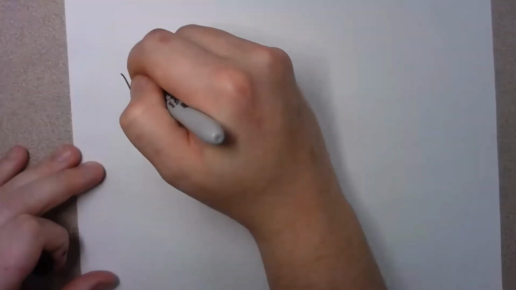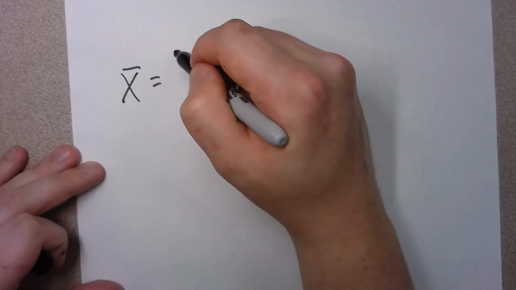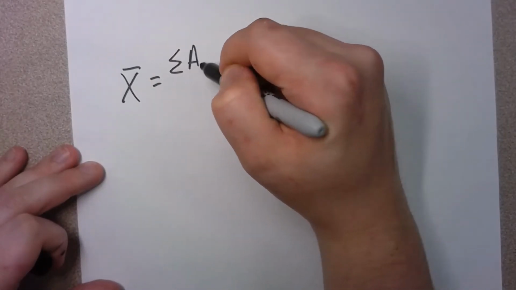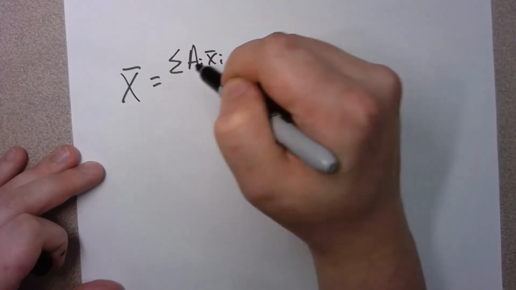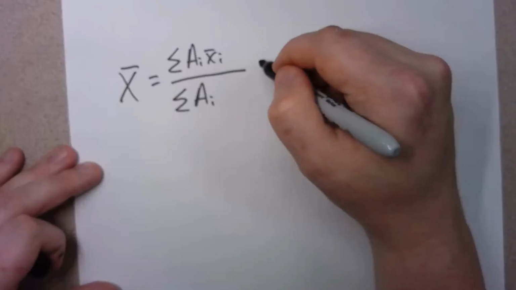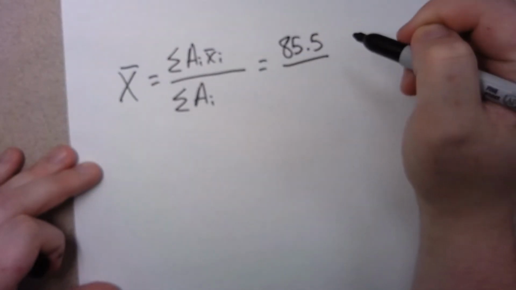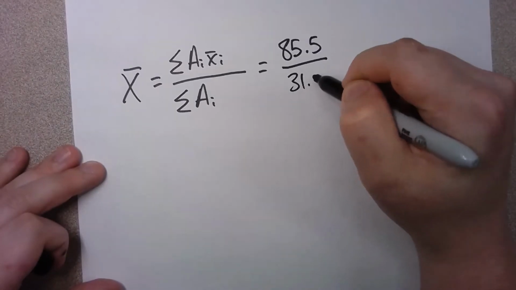Right? So our x bar for our centroid is equal to the sum of the areas multiplied by x bar over the sum of the areas. So it's going to be equal to 85.5 divided by 31.5.